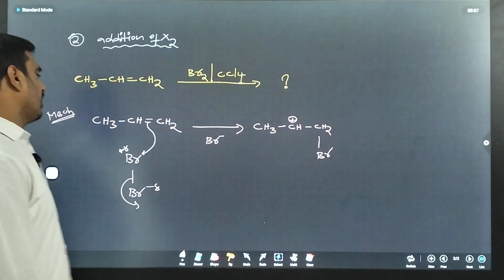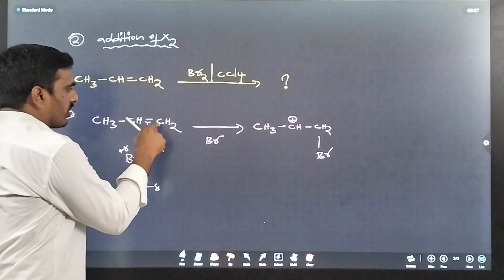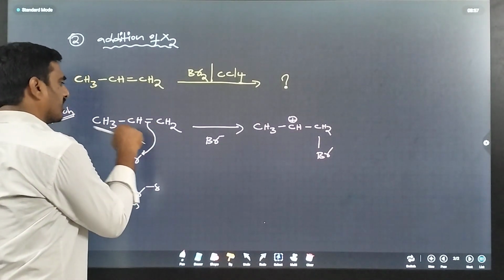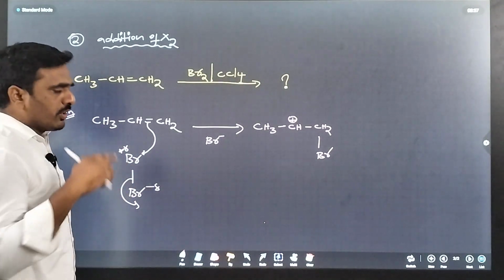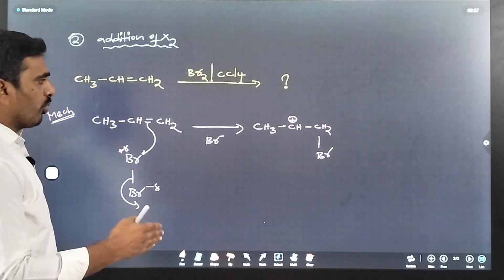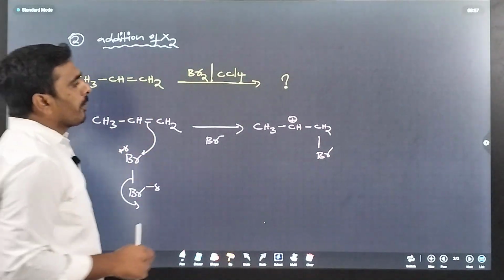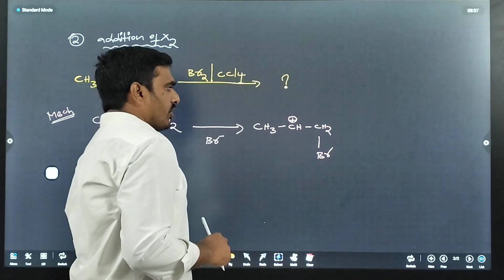A positive charge on this carbon is a primary carbocation; on this carbon it is a secondary carbocation. Generally a secondary carbocation is more stable than a primary carbocation, so the electron displacement is towards this, and this carbon has the positive charge.